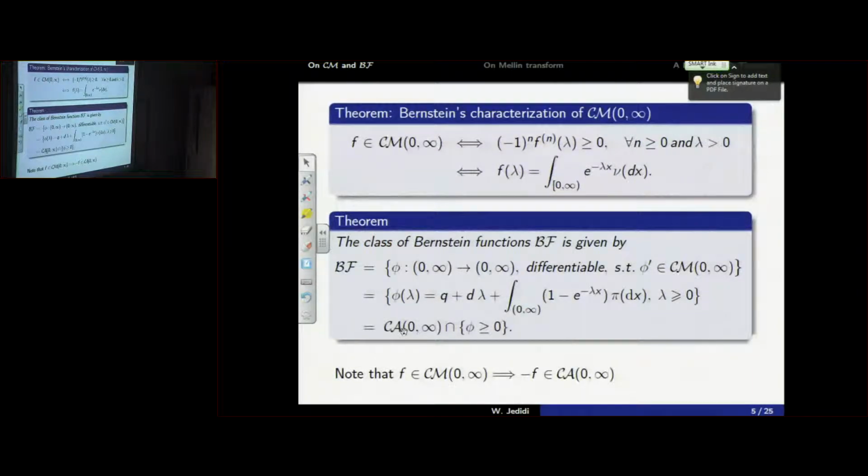Then a positive completely alternating function coincides with what we call the class of Bernstein functions, which are the class of positive functions which have a first derivative which is completely monotonic. Then Bernstein functions could be seen as the positive antiderivatives of the completely monotone functions.